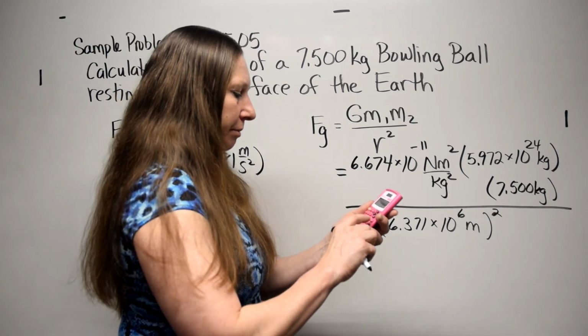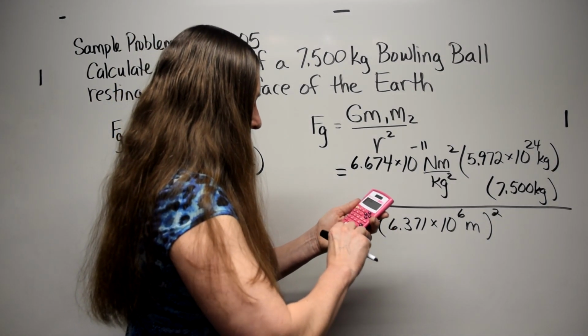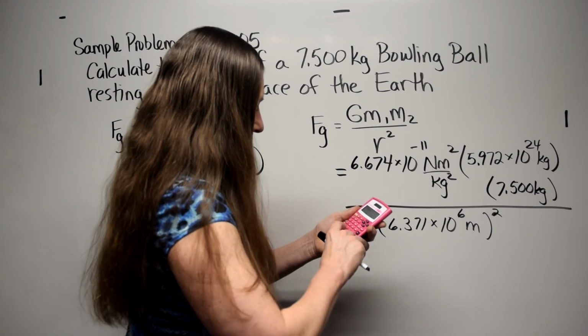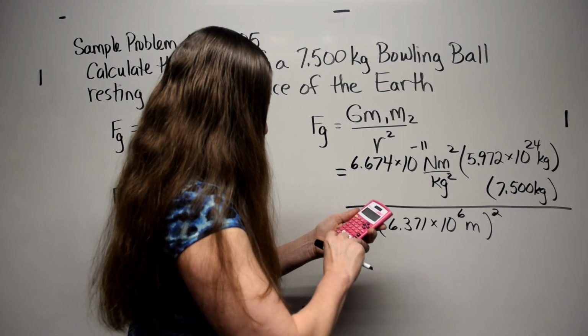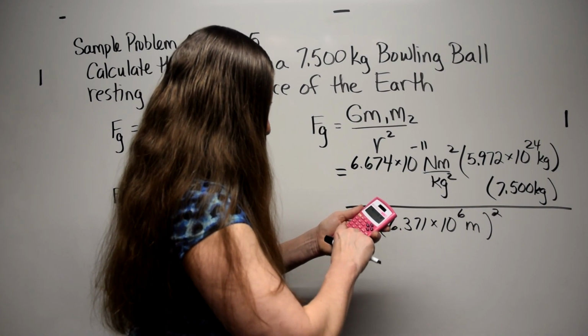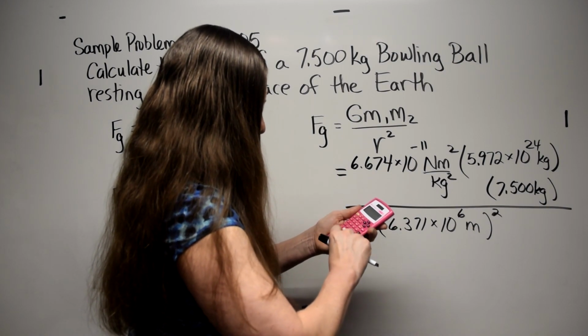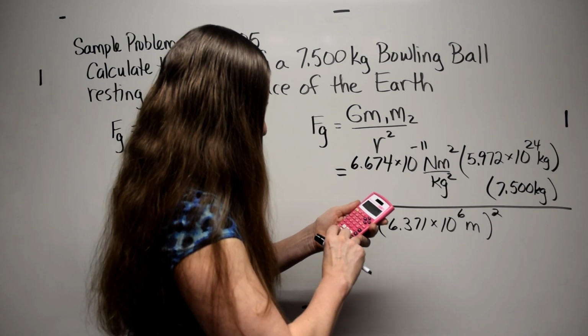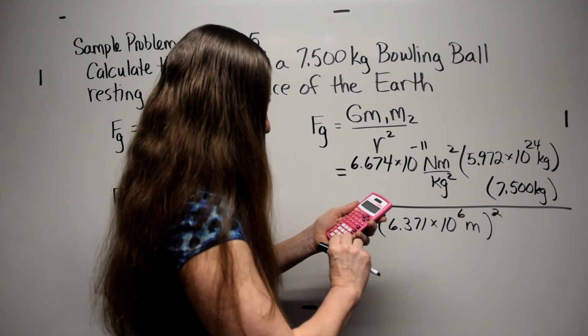That seems to be the best that we're getting here with the numbers that I was able to find on the internet. 6.674 times 10 to the negative 11 times 5.972 times 10 to the 24th times 7.5.